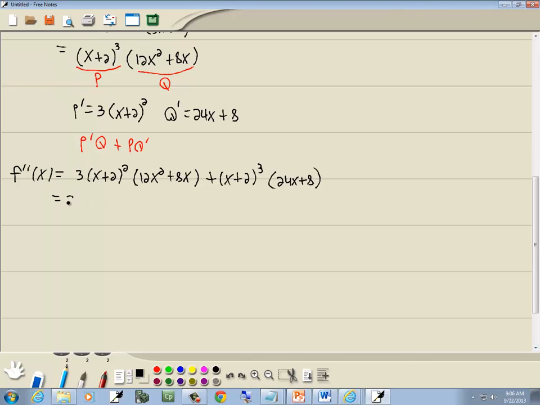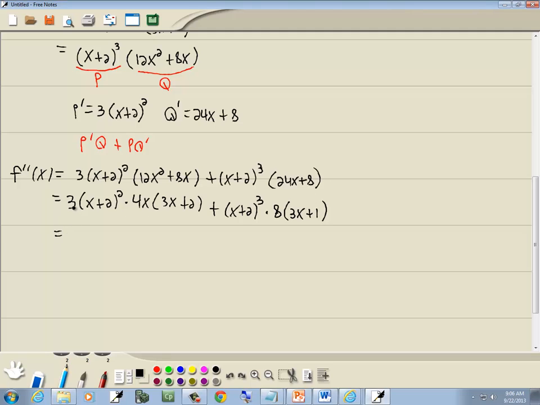Well, some things I notice here. The 12x squared plus 8x, we can factor out the GCF, which is 4x, and that gives us 3x plus 2. Over here, x plus 2 to the third, we can factor an 8 out, and that gives us 3x plus 1.